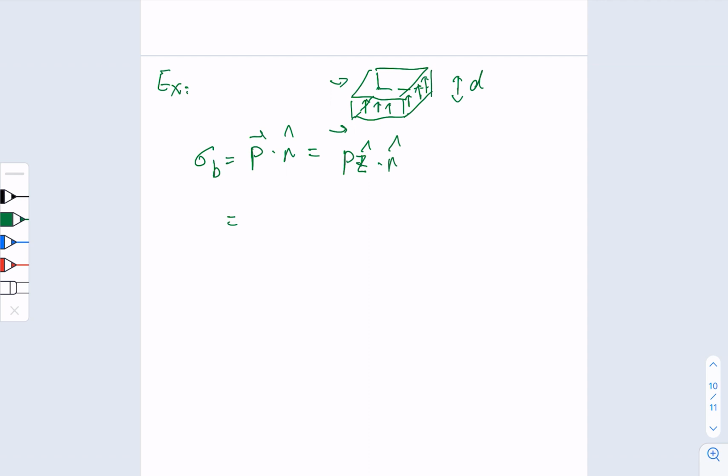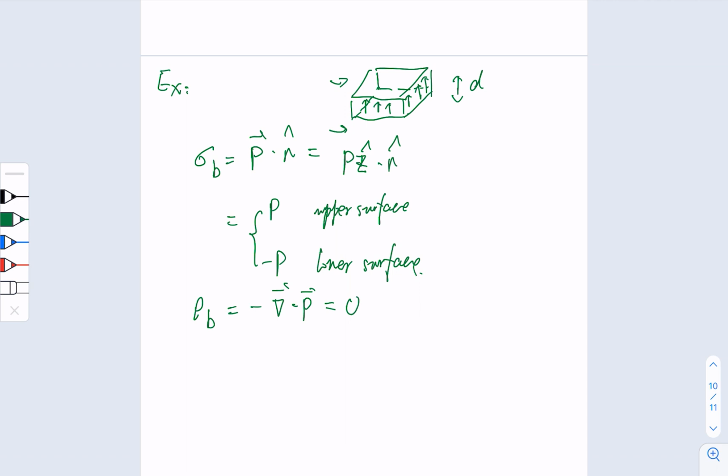This surface charge is P for the upper surface, and it should be minus P for the lower surface. And again, because this is a constantly polarized material, the bound charge in the volume is del dot P, and because P is a constant, this is 0.